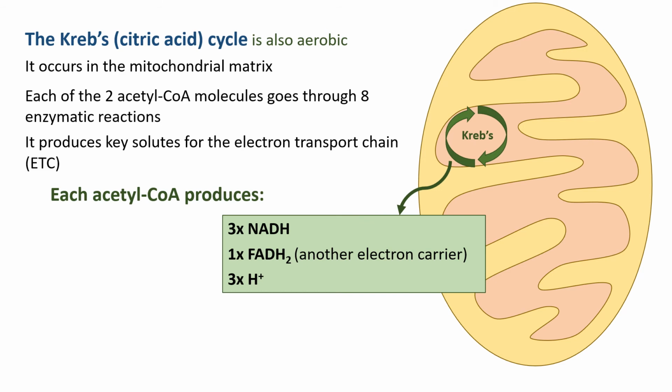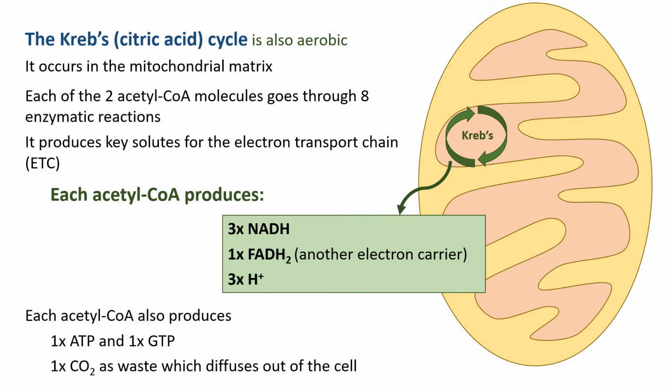And 3H+. Those are the things that we want for our electron transport chain. We also get one ATP and one GTP, guanosine triphosphate. We get carbon dioxide, which again diffuses out of the mitochondria and out of the cell as waste.